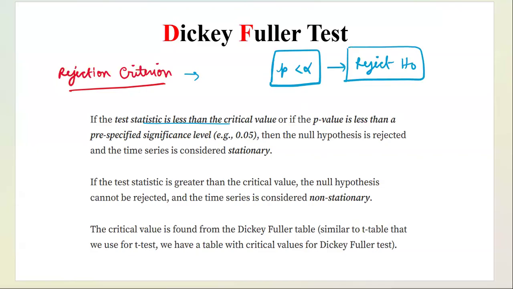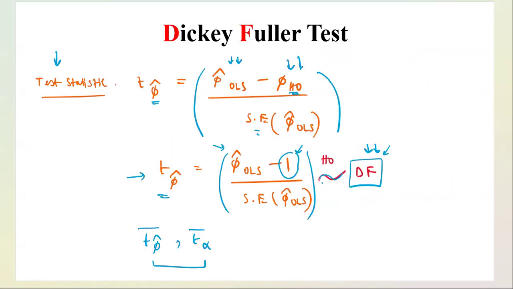Whenever the p-value is less than alpha, we always reject the null hypothesis. So if the test statistic is less than the critical value or the p-value is less than the specified significance level, the null hypothesis is rejected, and rejection of the null hypothesis means the process is considered to be stationary. This is what I have told you so far.